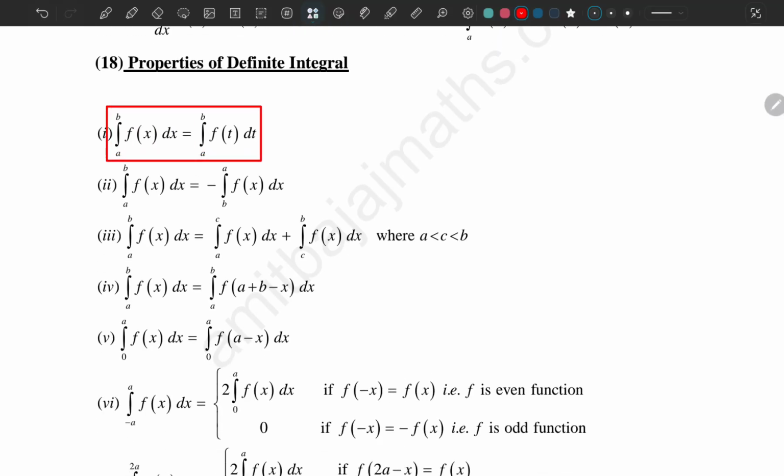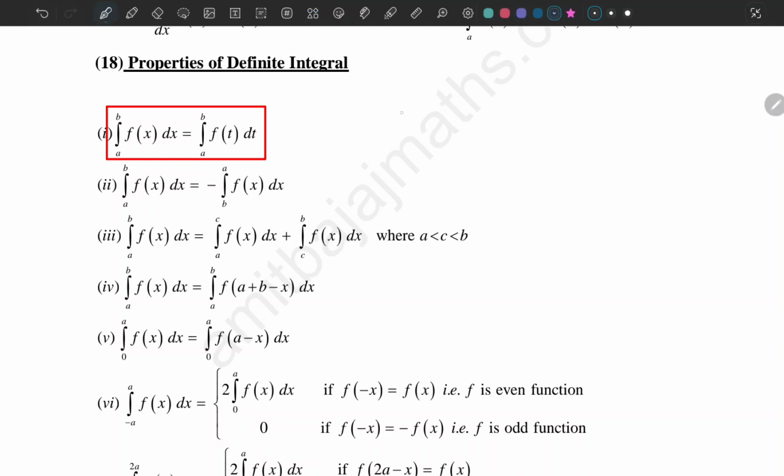The integral from a to b of f of x dx is the integral from a to b of f of t dt. So t is just a variable, and x is also a variable, we can say it's a dummy variable, so the value of that integral doesn't depend on it.